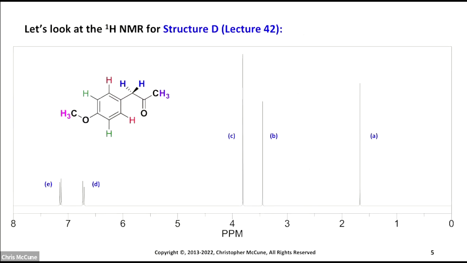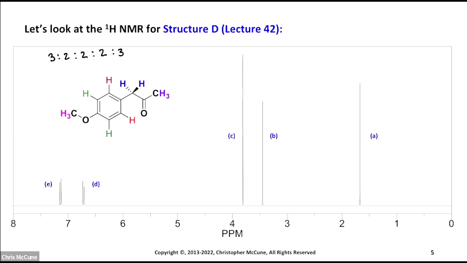All right, so now let's go back to a previous structure from lecture 42. Let's look at D. And now let's go ahead and put the integrations in here. And so we're going to have basically a 3. So I'll just write it left to right. We have a 3 to 2 to 2 to 2 to 3 integral ratio for the 5 unique signals that you're seeing, right?